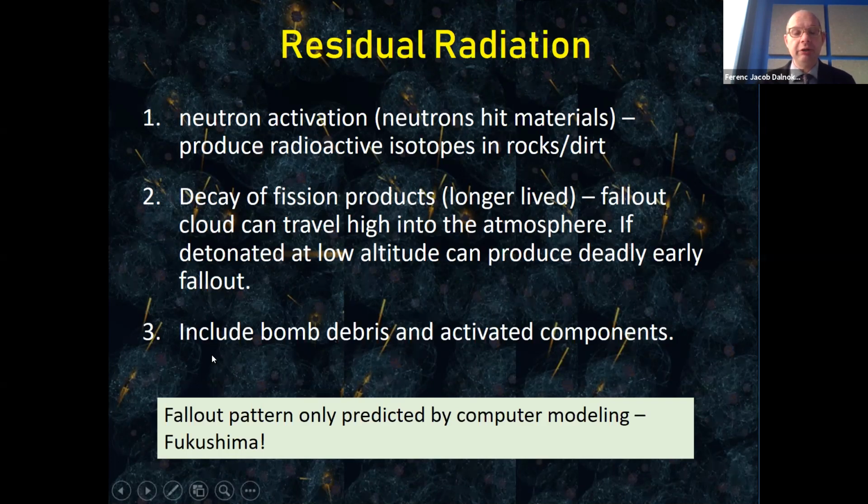And this will include many different things like the bomb debris and the different activated components, so the neutron activation that I talked about and so on. And fallout patterns themselves are complicated. They can only really be predicted by complicated computer models and so on.